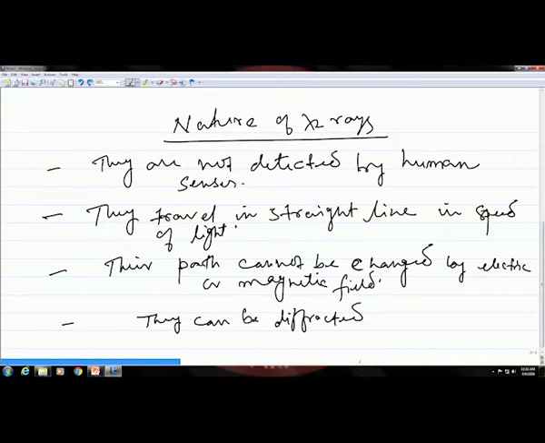But they can be diffracted to a small degree at interfaces between two materials.